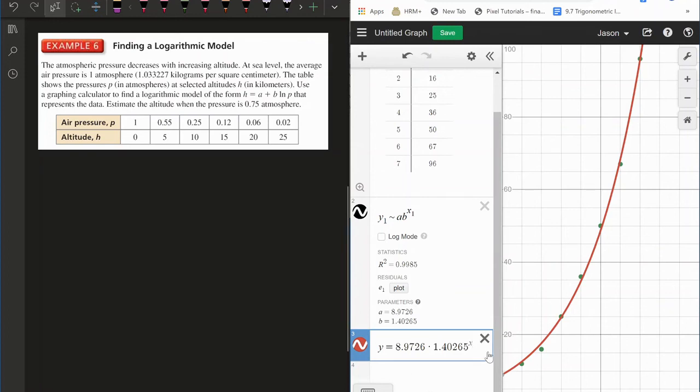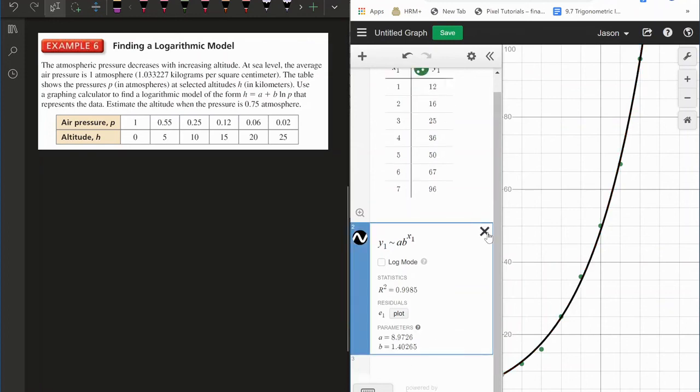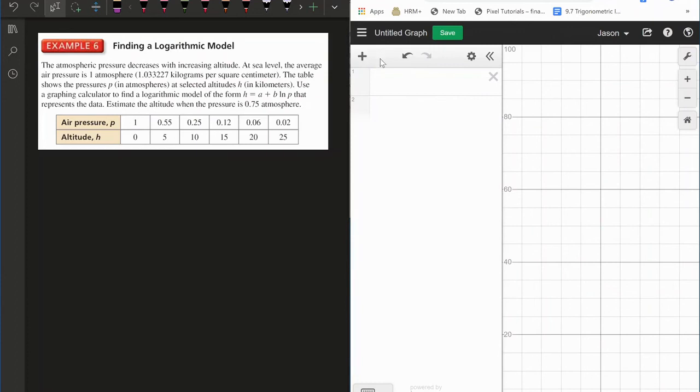So in this case, I'm going to go ahead and delete all of this. I'm going to start over, making a table. So in this case, instead of p, I'm going to make it x. Actually, yeah, h is the output, so that would be my y.